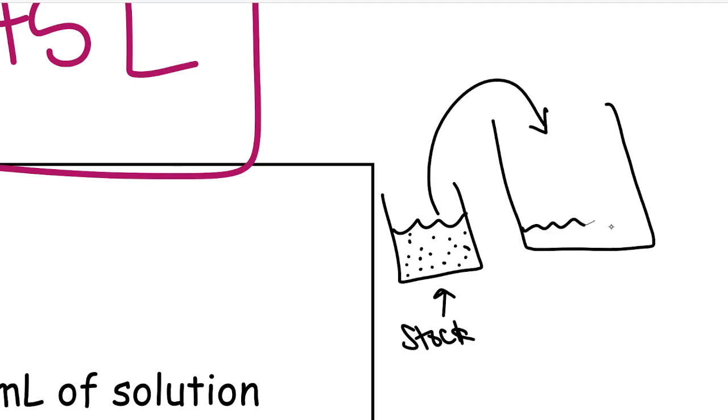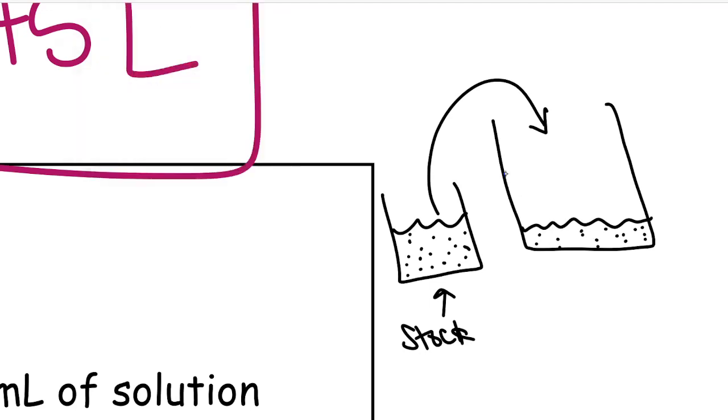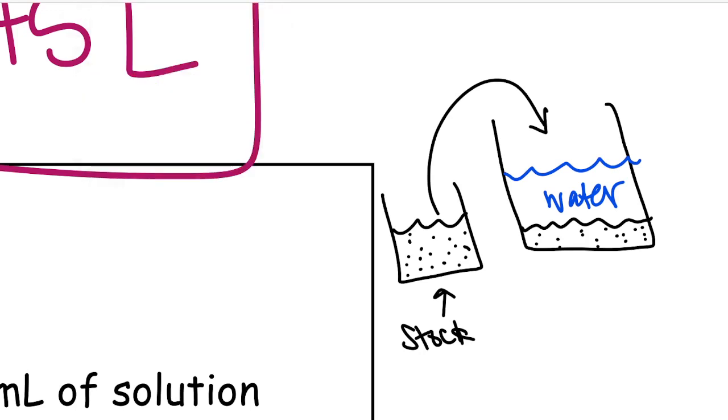So that's my stock solution, my still strong one. But then to dilute it, I'm going to add some amount of water. And when I add just water, my result is that I end up with a higher volume or more less concentrated solution.